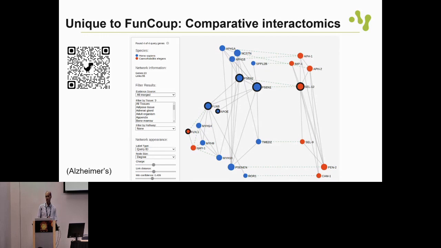TMED2 is not really a known Alzheimer gene, but probably should be studied and can be well studied in C. elegans. So that's an example of how to apply this compared to interactomics.